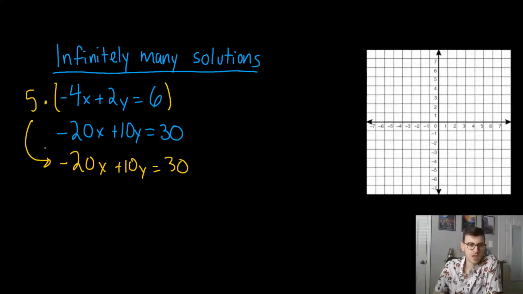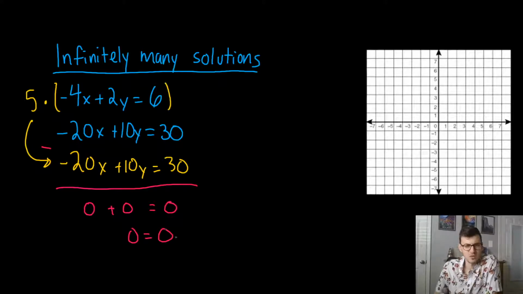Since these are the same, I need to subtract. Let's subtract and see what happens. Negative 20x minus negative 20x is 0. 10y minus 10y is 0. And 30 minus 30 is 0. So I get 0 equals 0. Unlike the last time, where I got a number equals a different number, this one's actually true.